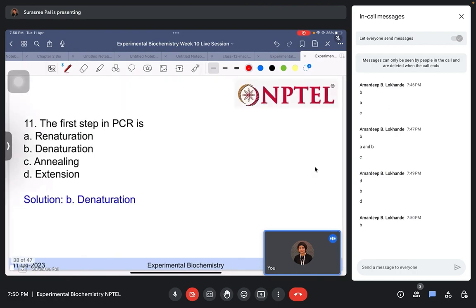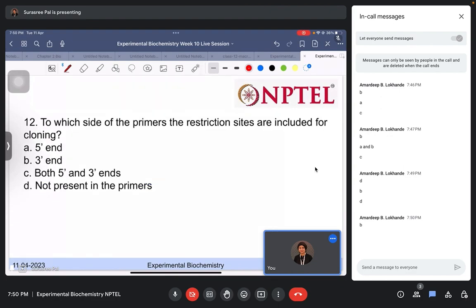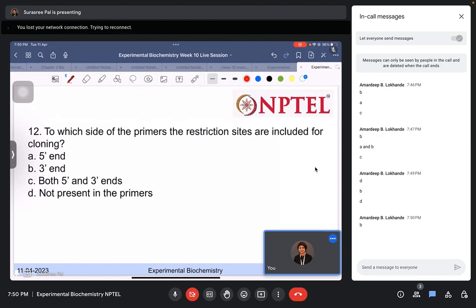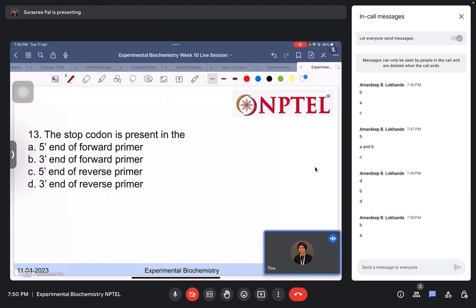Yes. Denaturation is the first step in PCR. Next. Yes. Correct answer, 5 prime end. Next question.